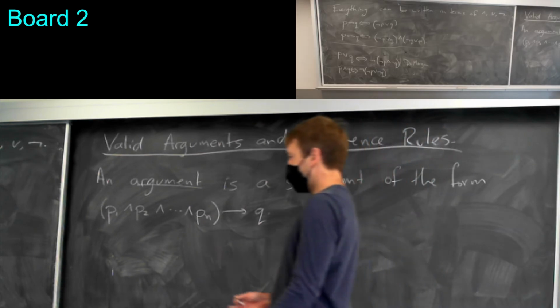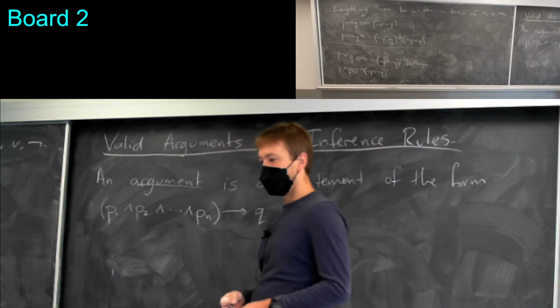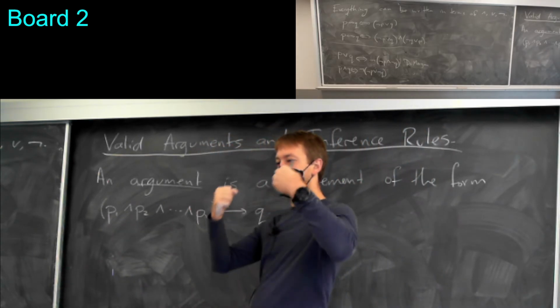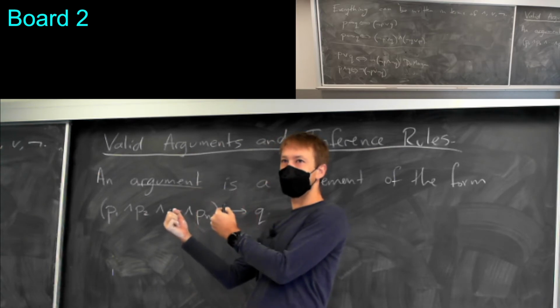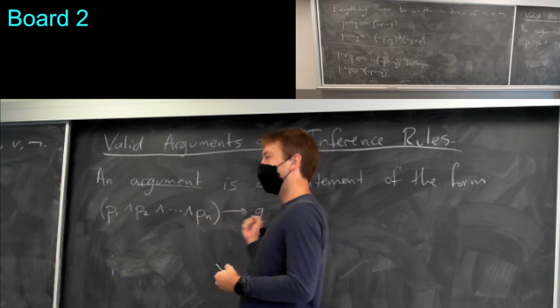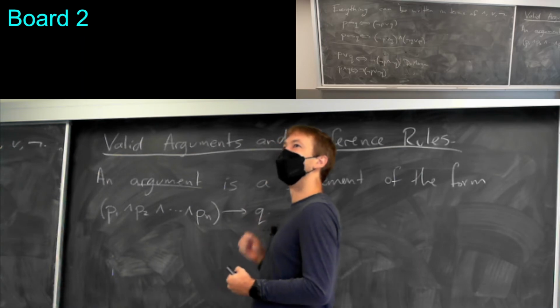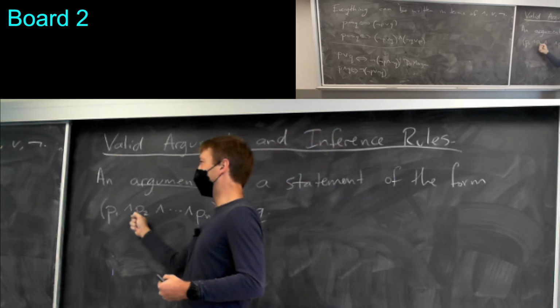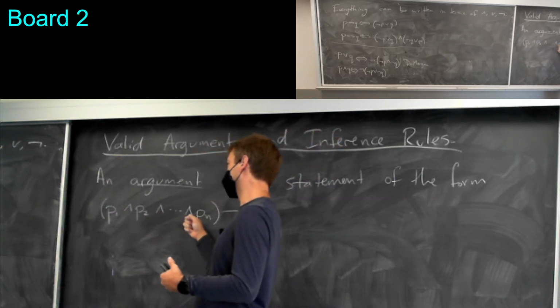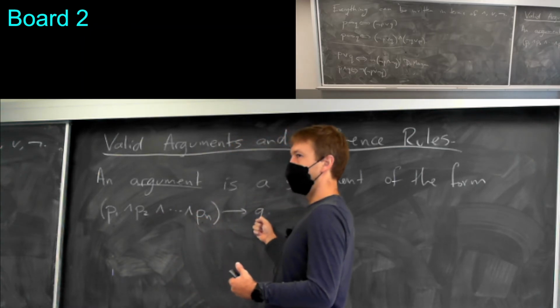It's a sort of thing like if this and this and this and this are true, then that is true. If P1 is true and P2 is true and up to Pn is true, then Q is true.